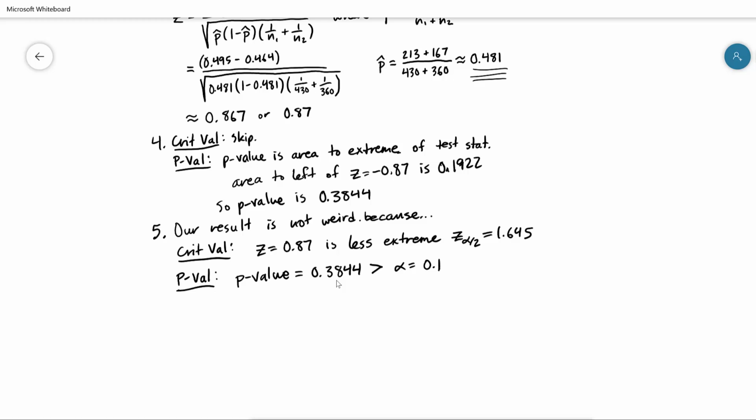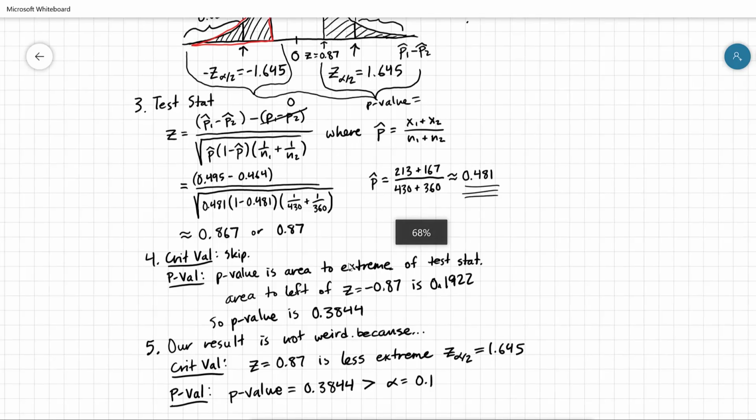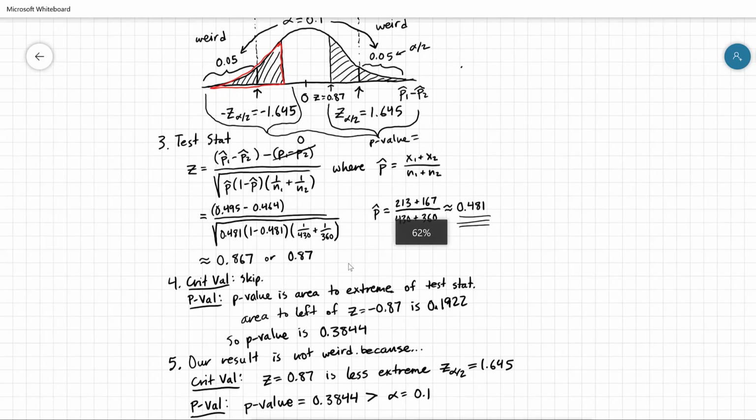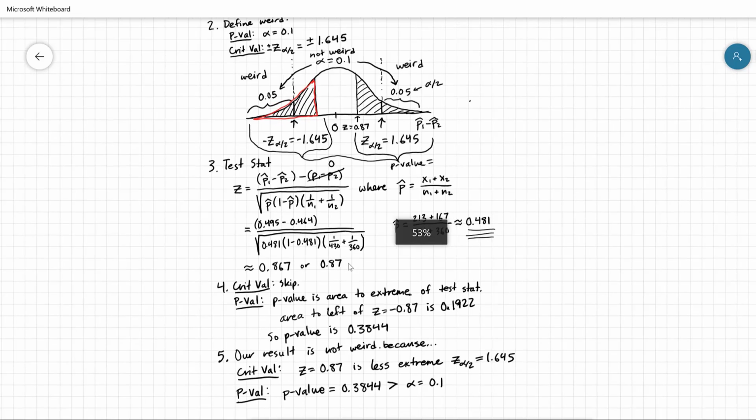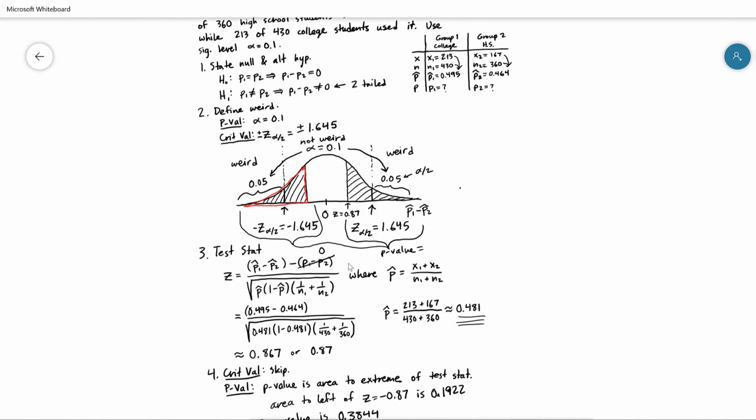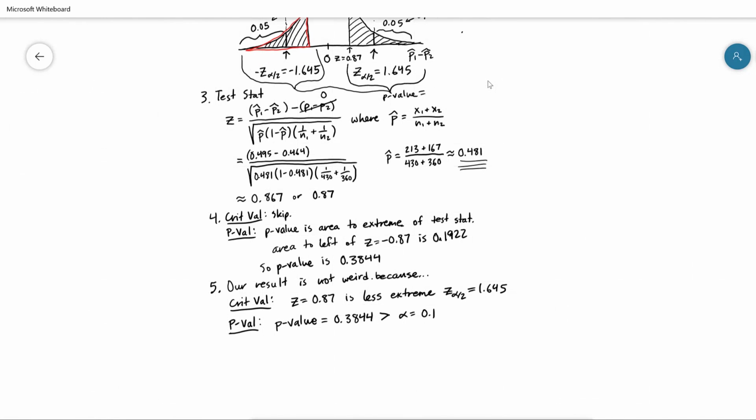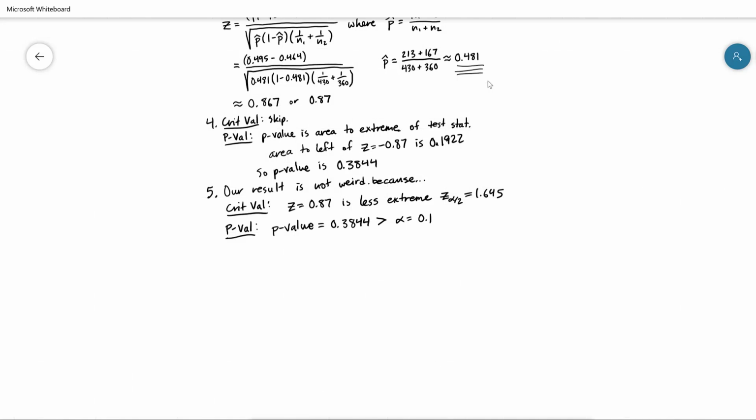We had a 38% chance of getting results as or more extreme than the ones that we got. So basically getting the discrepancy of our numbers here, the 0.495 and the 0.464, seeing that big of a difference of about 0.03 in those two proportions, that'll happen almost 40% of the time. So it's not a very unlikely thing to occur.